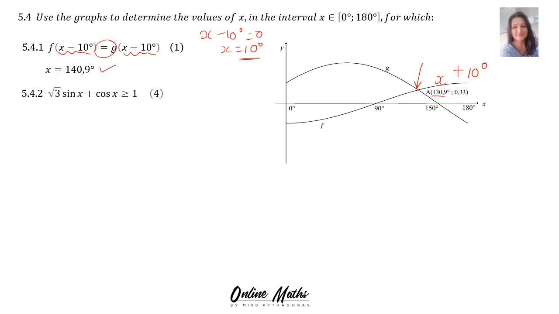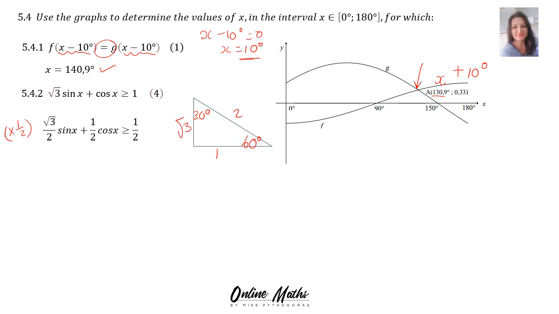The next sum, number 2, what you do is you're going to take that root 3 sin x plus cos x bigger or equal than 1, and you're going to multiply right through by a half. And then there's a help sketch that looks like this. This is the triangle 60, 30, 1, 2, root 3.